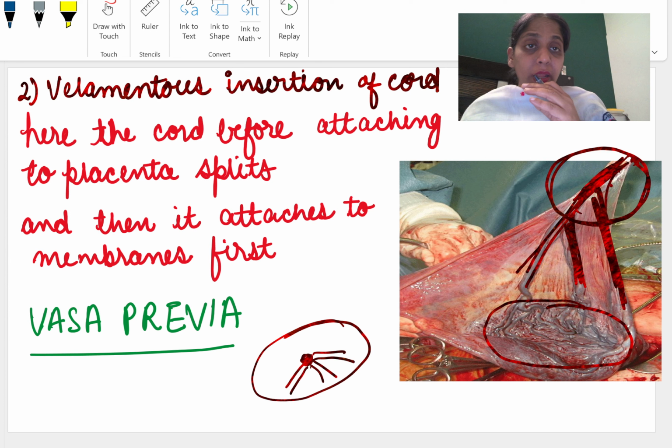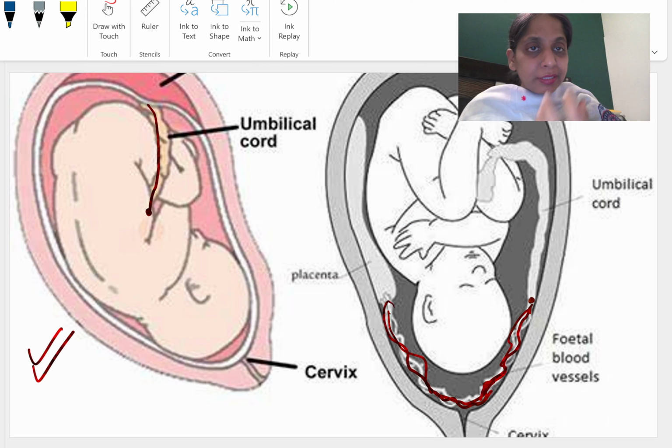Now when this splitting comes below the head of the fetus, then during the pains, when the fetus head puts pressure on the pelvis or engages itself, these vessels are not covered with Wharton jelly, they are lying there naked. So these vessels break, and it leads to vasa previa and rupture of the vessels.